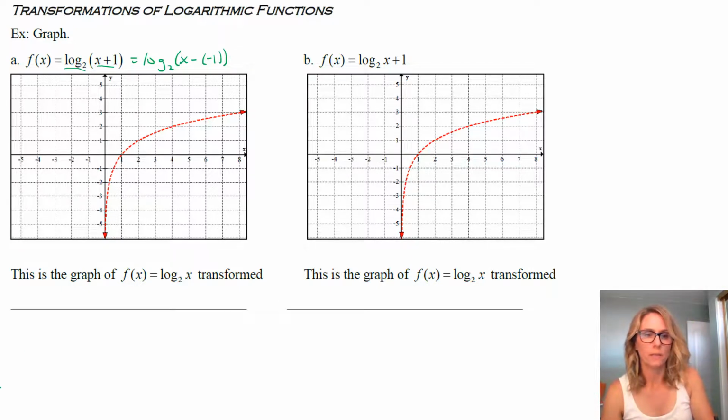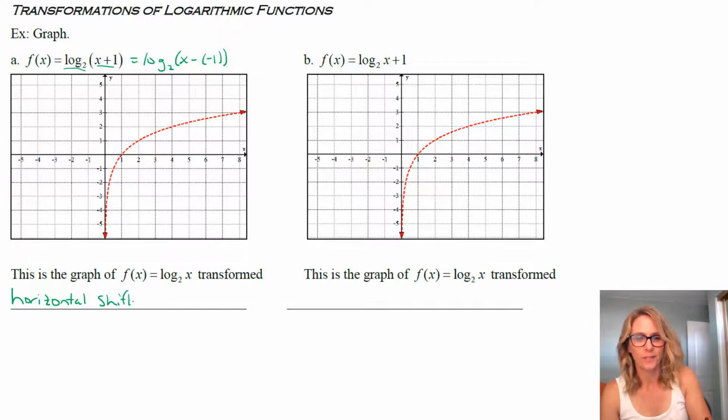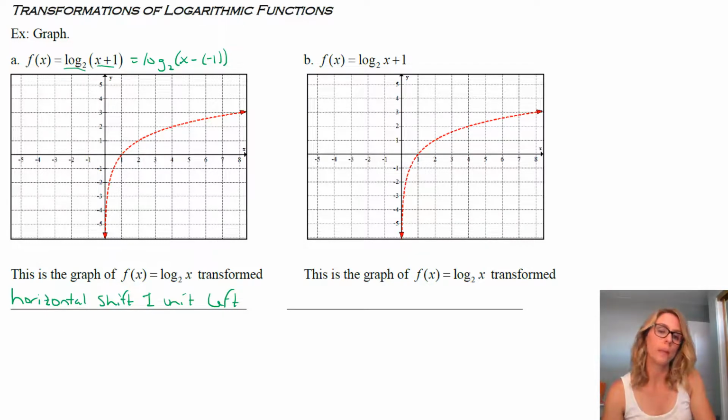So that tells us that we have a horizontal shift in this case. And with the horizontal shift, you can probably guess how many units. Horizontal shift, 1 unit, and that's going to be to the left because x minus negative 1. So it just takes every value and moves it over to the left.